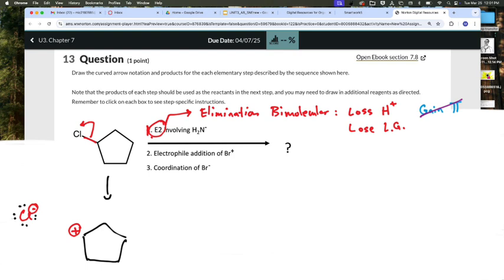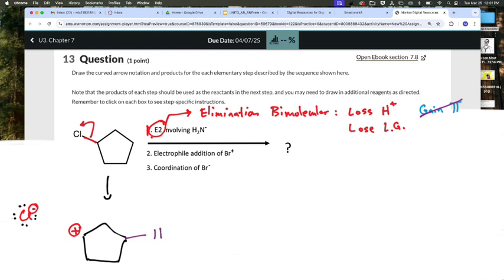Since we looked at the leaving group, now what do we got to do? We need to look at the H+. Okay? So somewhere on this molecule, there needs to be an H+. For there to be an H+, what has to happen?